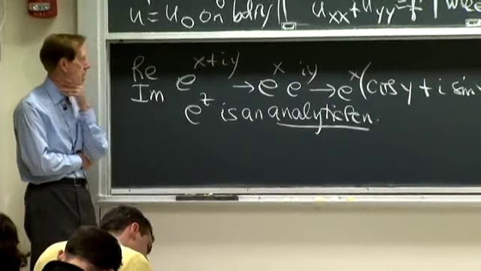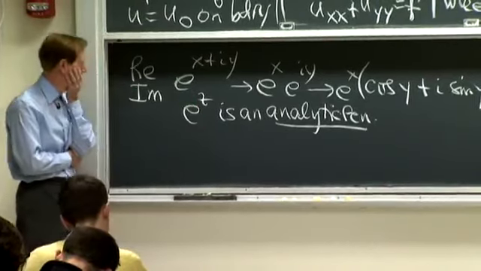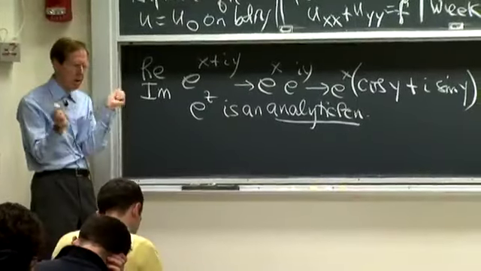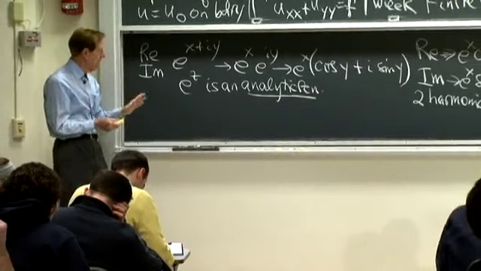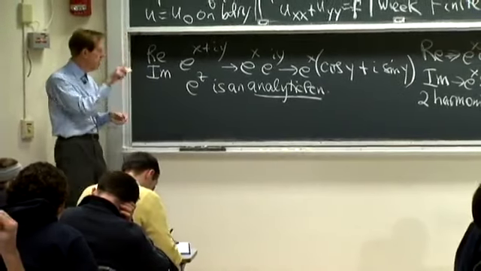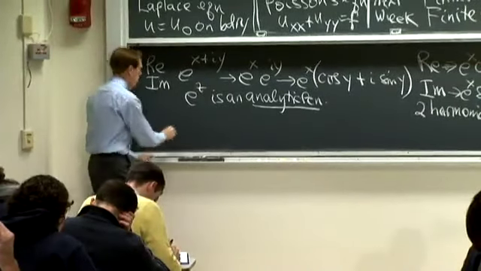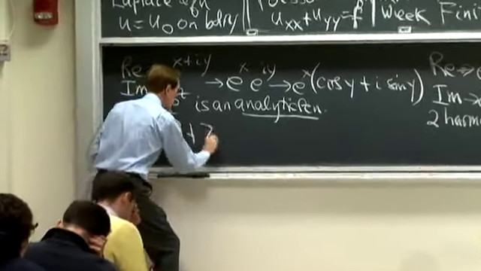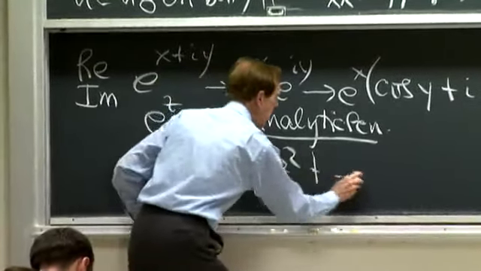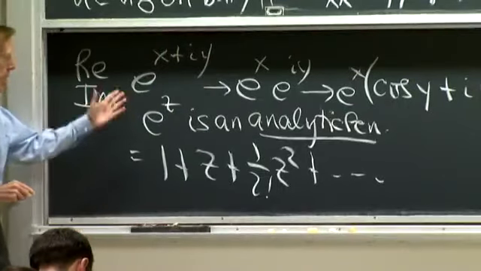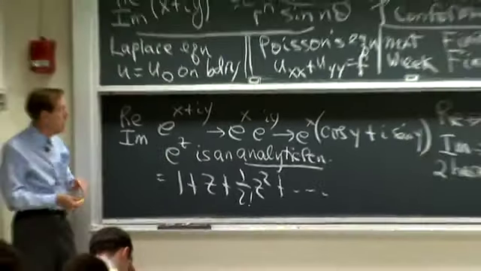Actually, what does it mean? It's a function of z. So we're doing complex, we're in the complex plane here now. It's a function of z, e to the z, and it can be written as a power series, of course, 1 plus z plus 1 over 2 factorial z squared and all those guys. So it has a power series. That makes it a combination of our special ones.